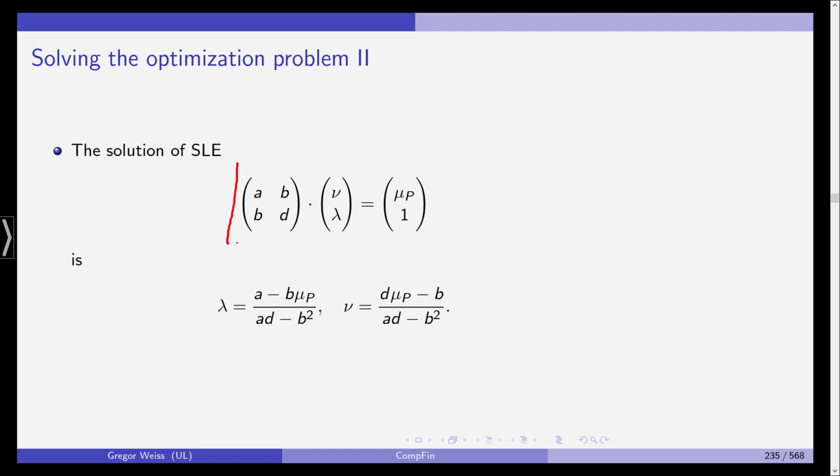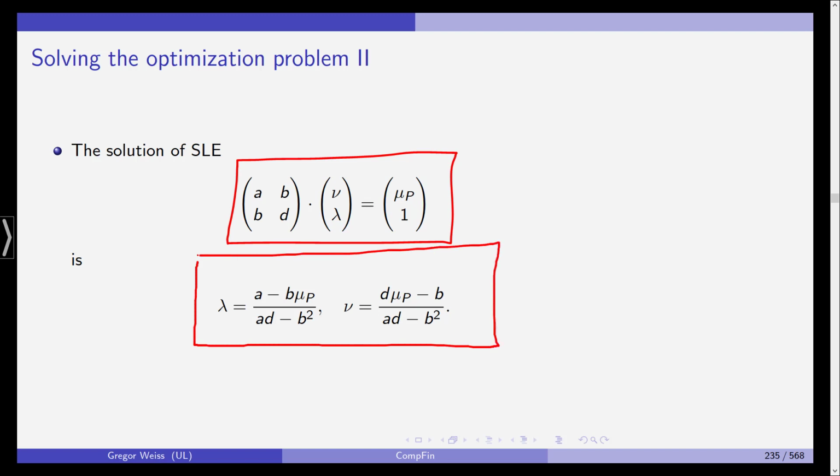And this is A, B, B, D times nu and lambda. Those are the Lagrange factors. Equals the weights and the vector of portfolio mean returns. And then we get as a solution nu and lambda equal to these expressions.